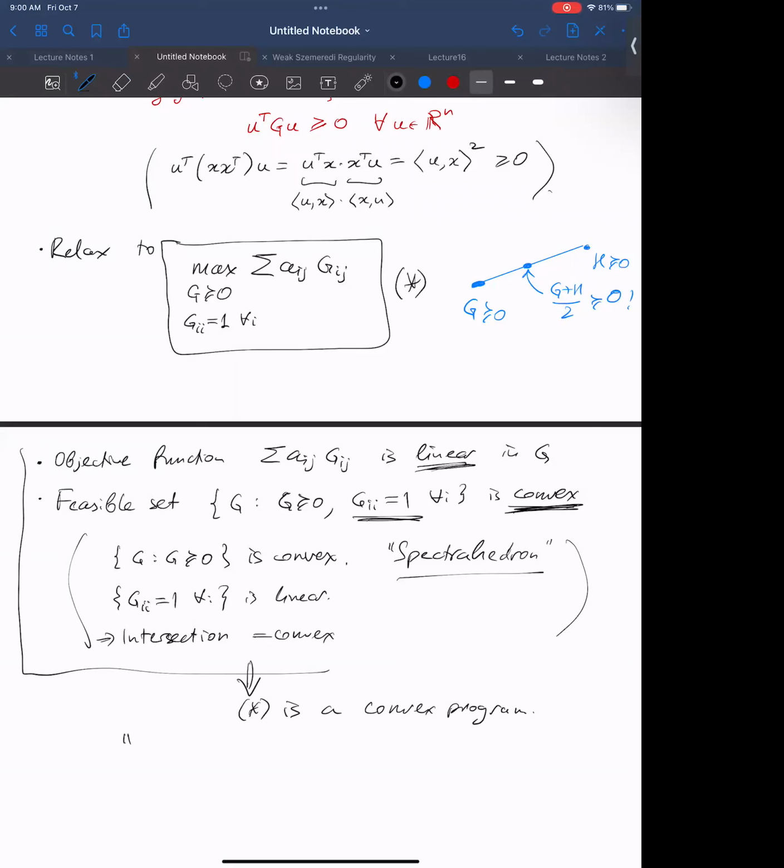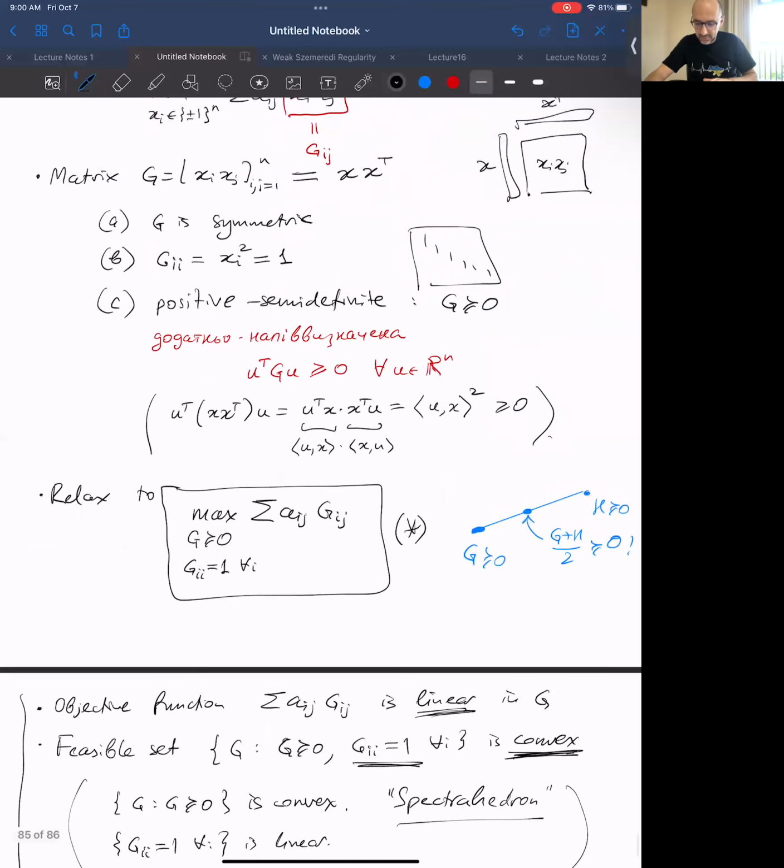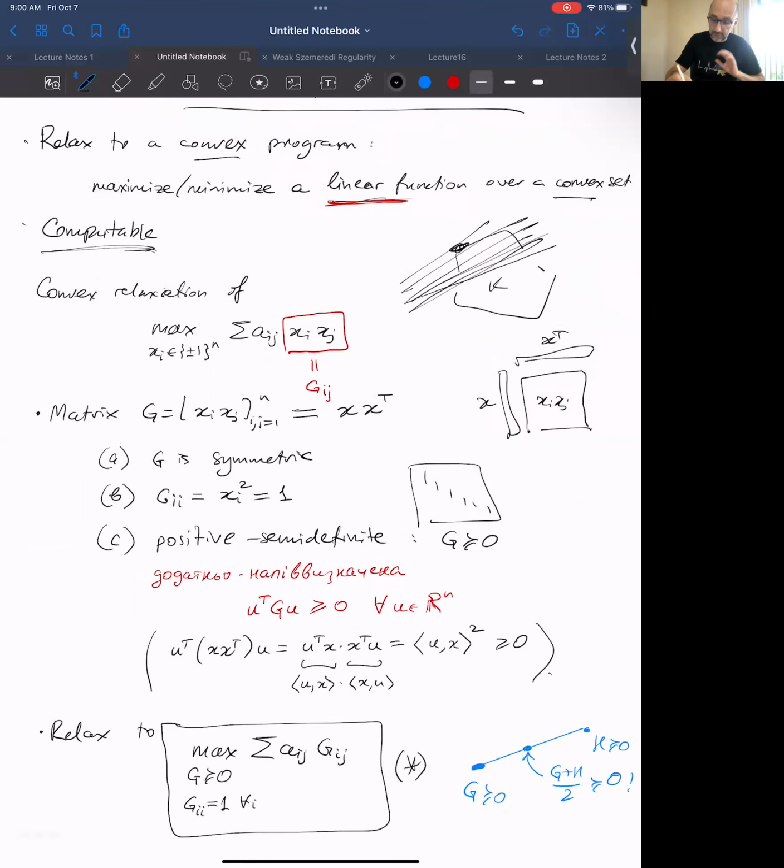May I ask? Yeah. About those 3 conditions on G, do those conditions guarantee that G can be decomposed into the outer product of some X and X transpose? Oh yeah, beautiful question. Exactly. That's a great question. Do these conditions guarantee that G can be written as XX transpose?